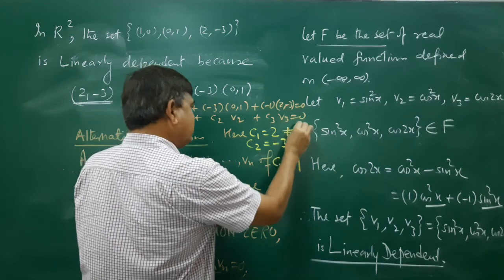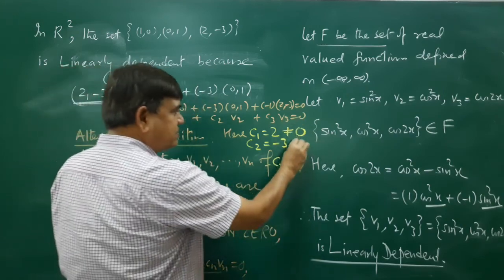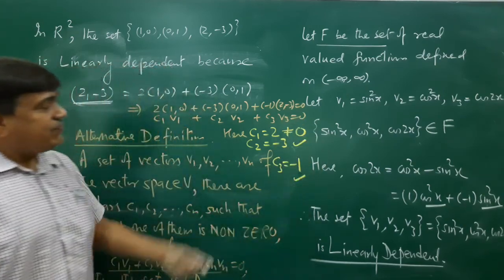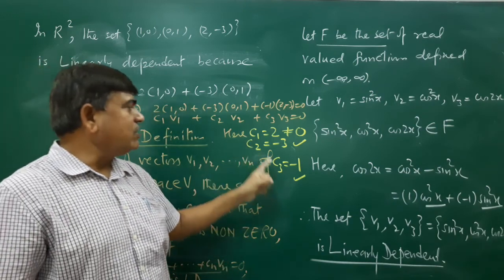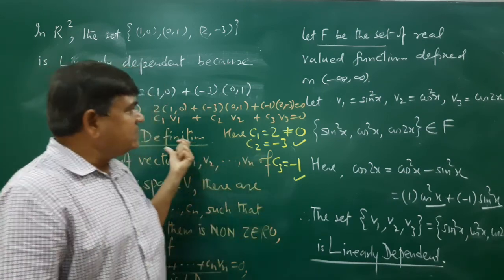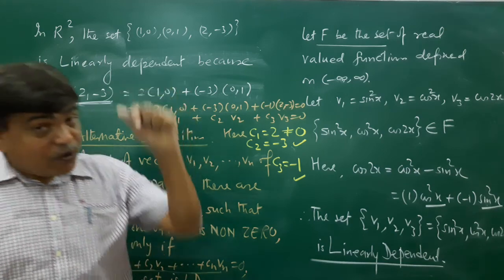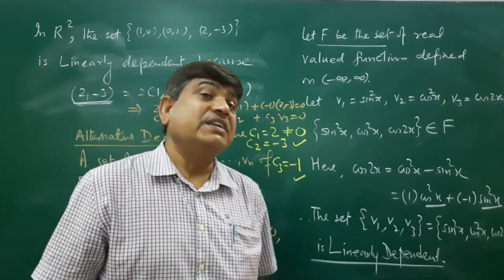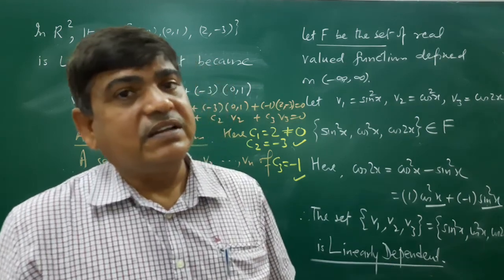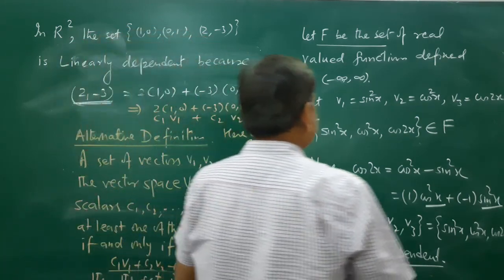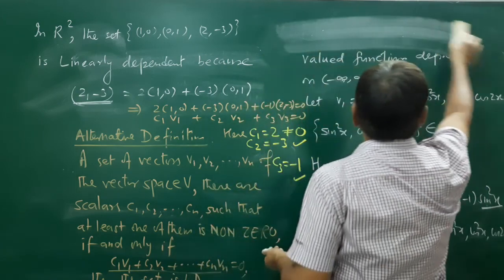This is not equal to 0, this is also not 0, this is also not 0. So if at least one of them is non-zero, then this is linearly dependent. If every scalar is equal to 0, then it will be linearly independent. Okay, so this is the situation.